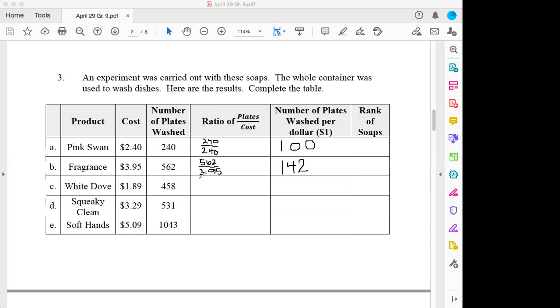You're going to do the same thing here. So 458 divided by 189. So per $1, you're going to be able to clean 242. Okay, the next one we've got 531 divided by $3.29.